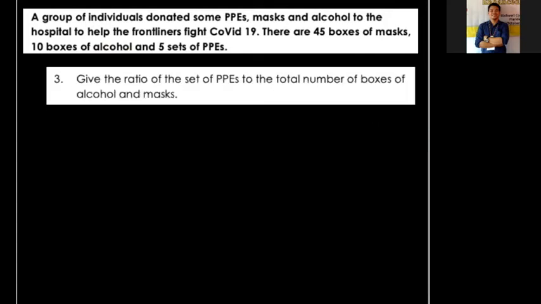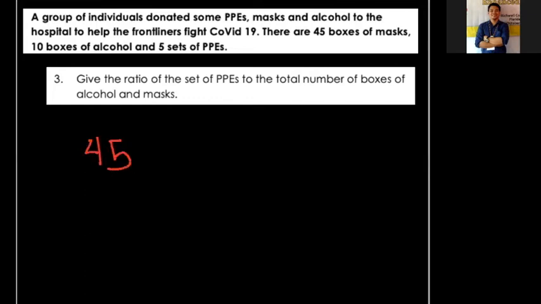For the third one, let us give the ratio of the sets of PPE to the total number of boxes of alcohol and masks. To answer this, we have to get the total number of boxes of alcohol and mask first.